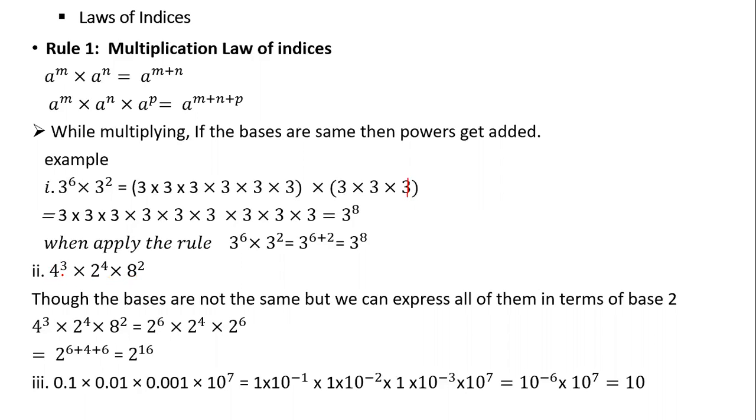I know we can express 4 as 2 power 2. We can express 8 as 2 power 3. So now we are going to have 2 power 6 times 2 power 4 times 2 power 6.